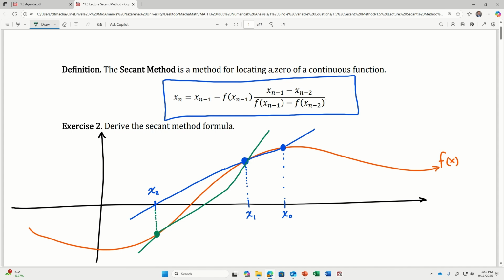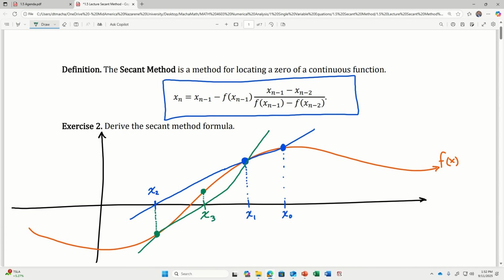Sorry. And then this point where that straight line intersects the x-axis is where we're approximating the 0 of my function to be. That will be the third iterate. And then we'll evaluate the function here at the third iterate.